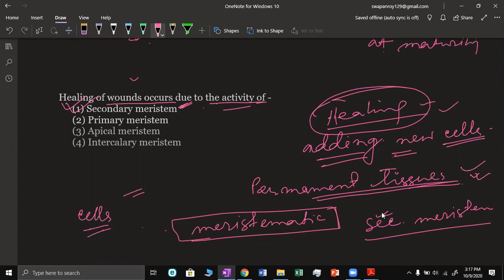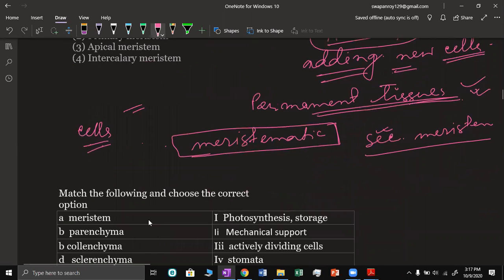This process is called de-differentiation and redifferentiation.